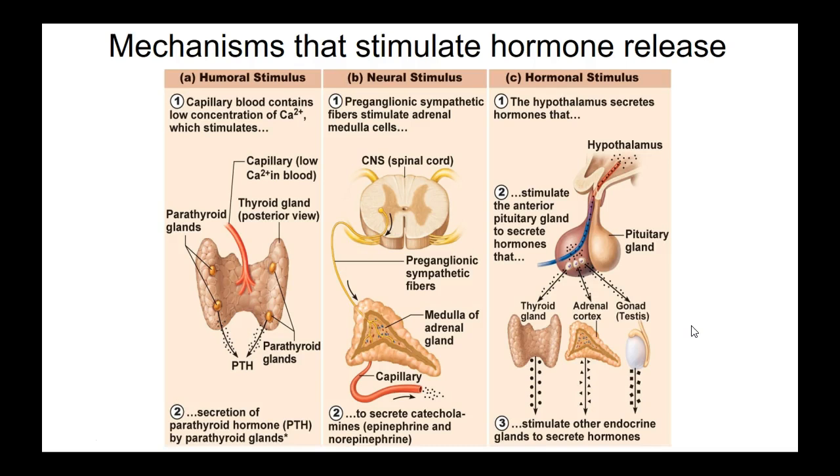Any questions on that? Does that make sense? The second one, we've kind of seen already with the sympathetic nervous system, where we had sympathetic nerve fibers innervating the adrenal gland.